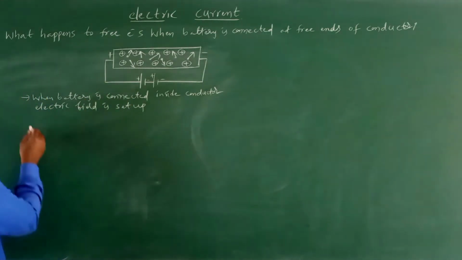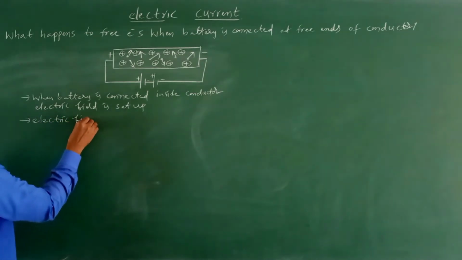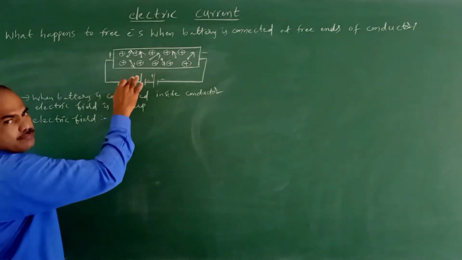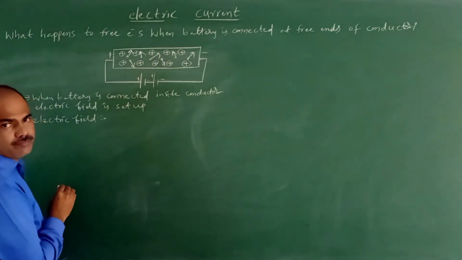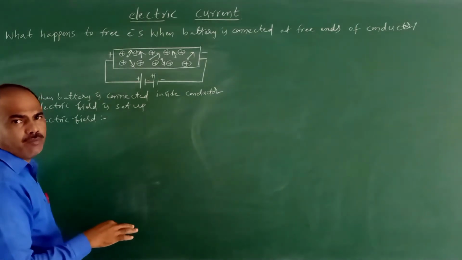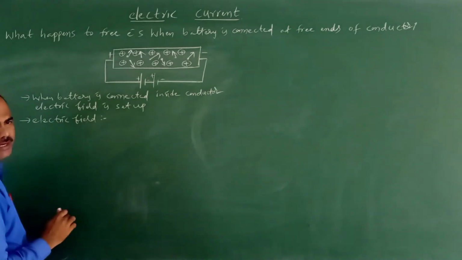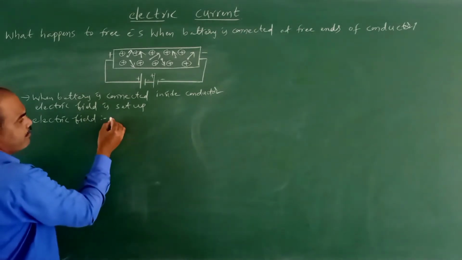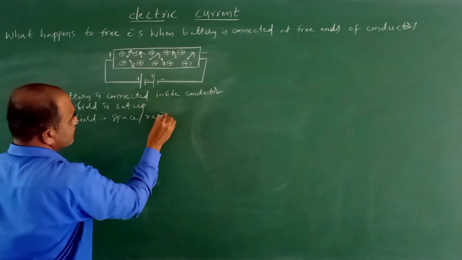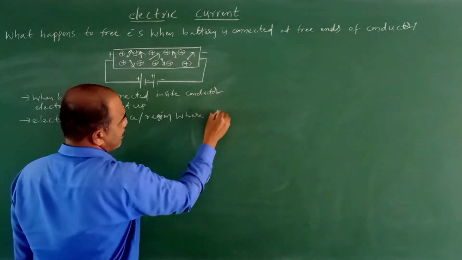The electric field is the space or region where an electric force can be exerted on a charged particle. That space or region is called the electric field. What is an electric field? The space or region where electric force.